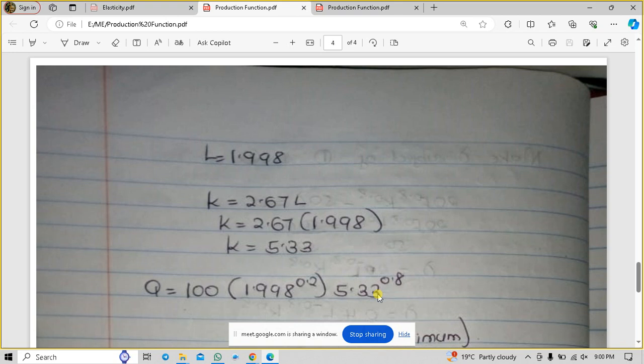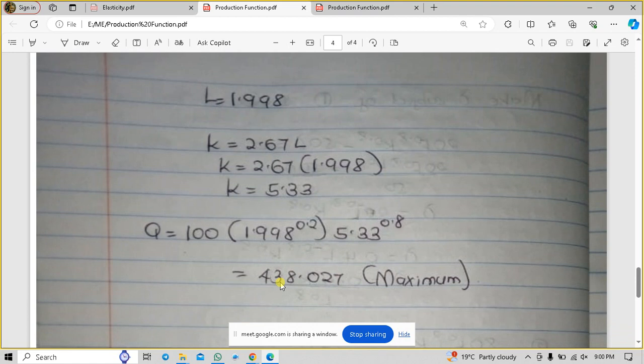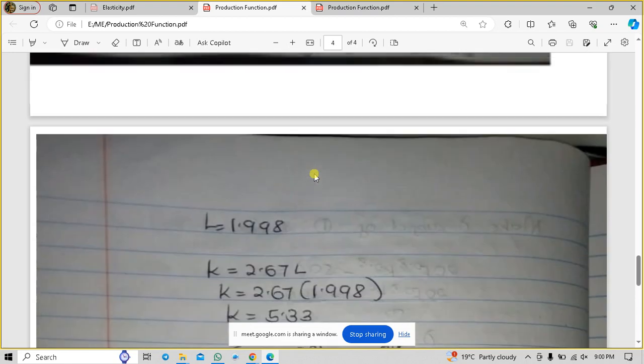It should be something close to this. It is the decimal that is misplaced here. 43.83.56. Okay. So this question, unless you do it, you will not be able to understand it well.